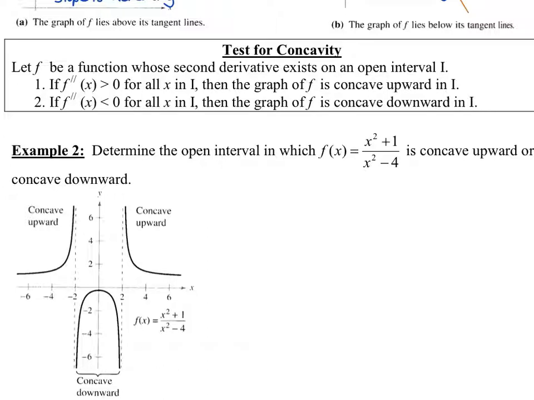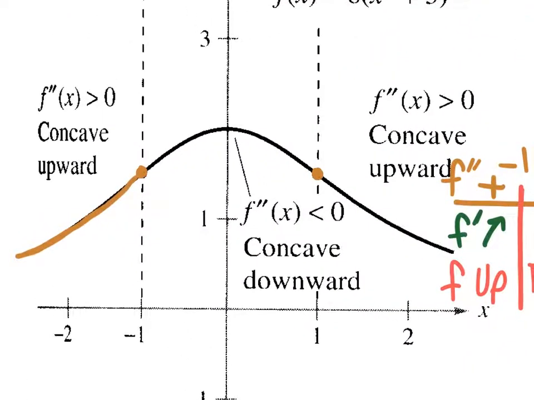If the second derivative is negative in an interval, then the graph of f is concave downward. And if it's 0? If it's 0, then we actually have a change in concavity. That's what we saw right here at -1 and 1.